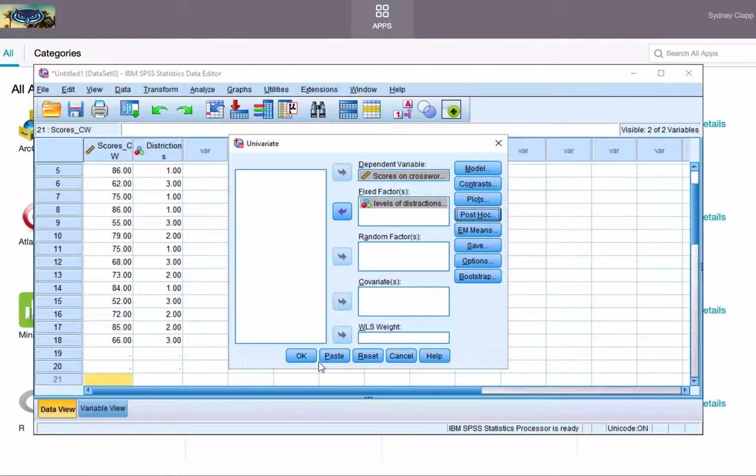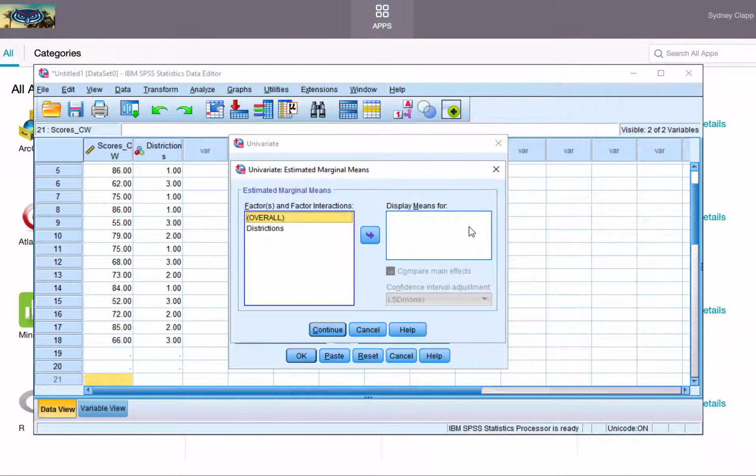So we click continue because we have selected the appropriate box there. And then we need our estimated means, which in the older version of SPSS was available when we clicked something differently. So we want to make sure we go to the estimated means, and we want to go ahead and move over distractions.